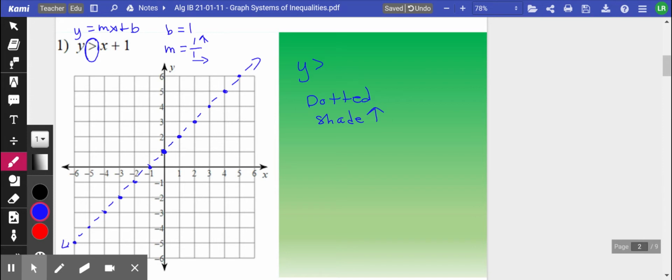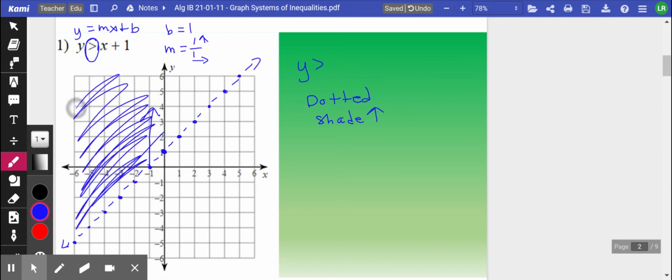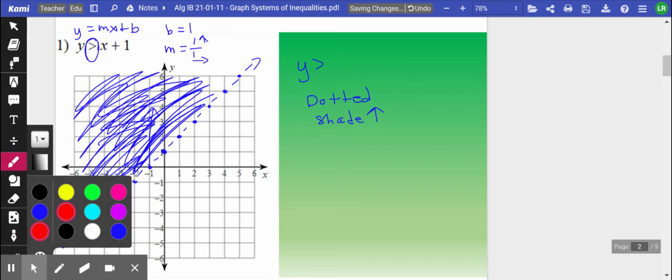And then when I shade up, find some spot on your line and draw an arrow up. And that represents all of the solutions for this particular problem.